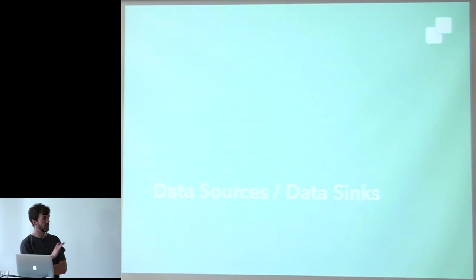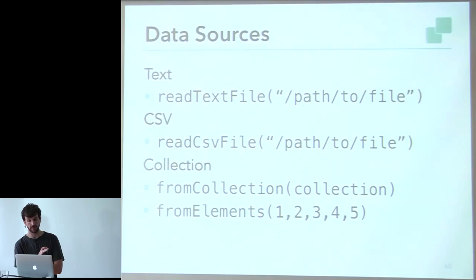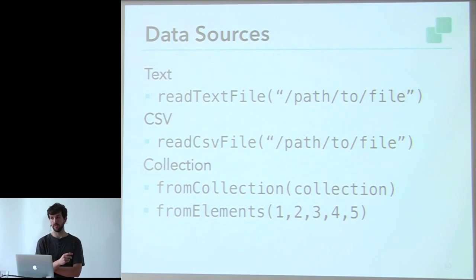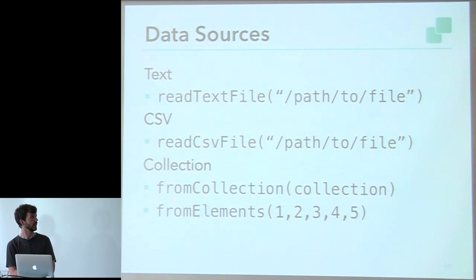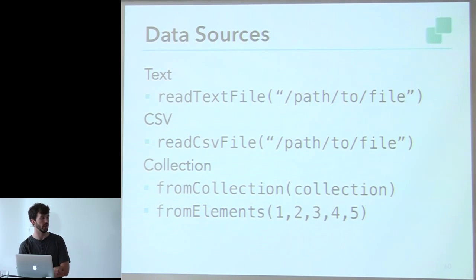Okay, so now that we got started with some basic operations, I told you already that we can specify sources and sinks, and there you can not only read from a text file but also from a CSV file, and you have this really nice way of debugging your applications by reading from a source from a collection, which is a basic Java collection like an array list, and create your data set from this, and also just specify objects with the from elements method.